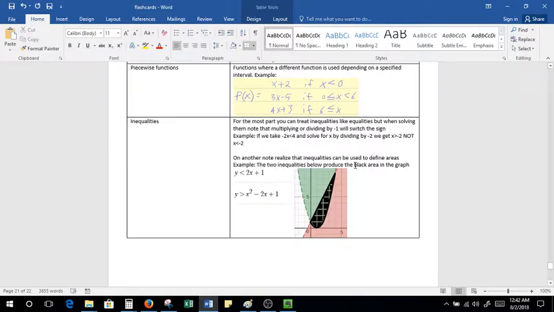On another note, inequalities may be used on the praxis to define areas or domains and ranges. So in the picture below, we have two functions, and the x squared minus 2x plus 1 is this green one right here, and it has all of this area defined.